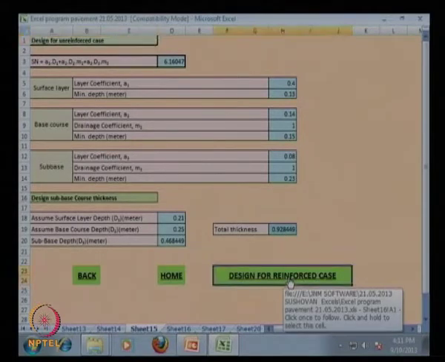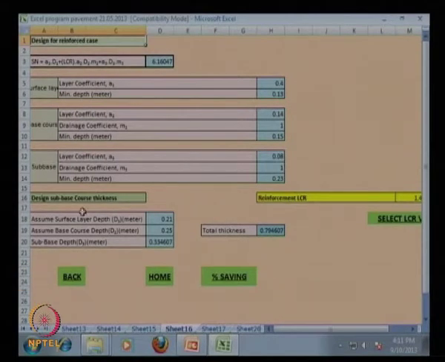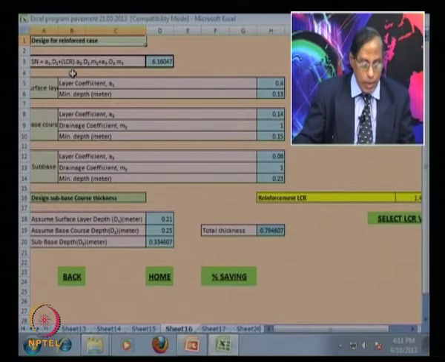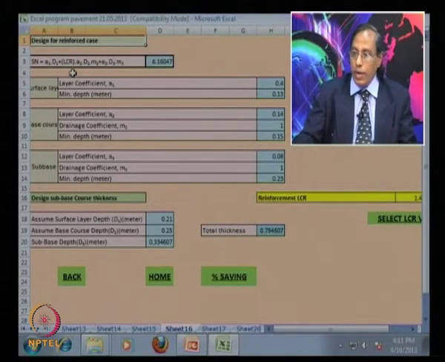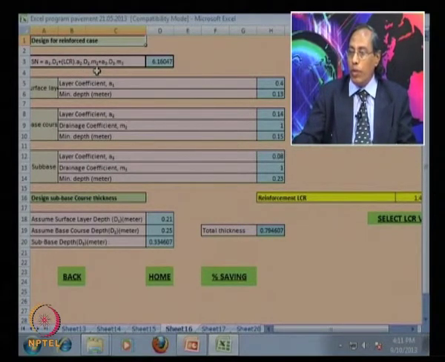Now if you move to the reinforcement case, you have to consider in this equation that SN is equal to A1 D1 plus LCR, where LCR is the layer coefficient ratio, into A2 into D2 into M2 plus A3 into D3 into M3. So if you know the LCR, you can also calculate the structural number.